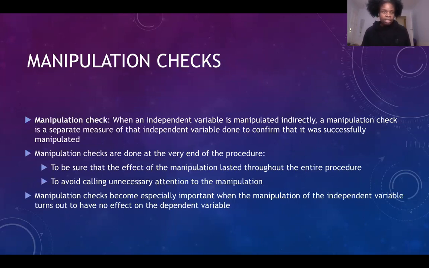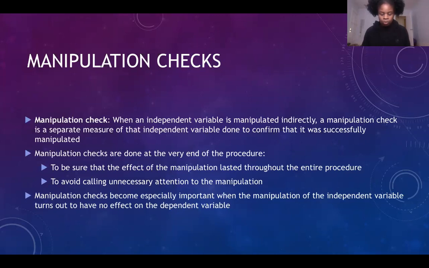They are usually done at the very end of a procedure to be sure that the effect of the manipulation lasted throughout the entire procedure and to avoid calling unnecessary attention to the manipulation, okay?